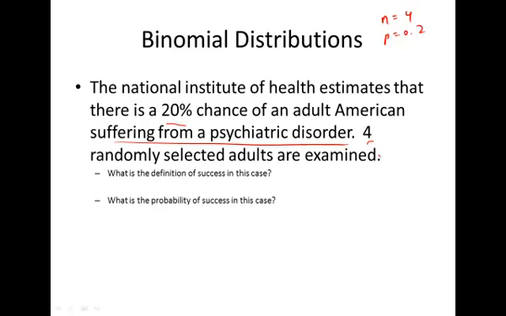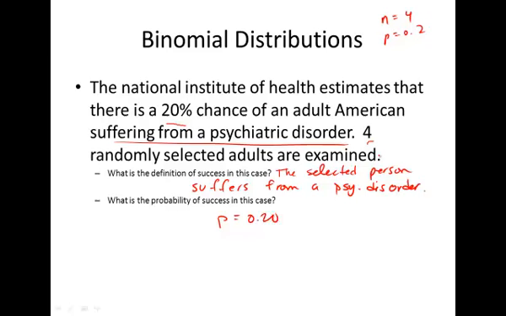So the definition of success is the randomly selected American, the selected person, suffers from a psychiatric disorder. And the probability of success is 20% chance.